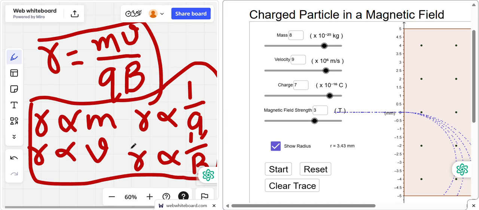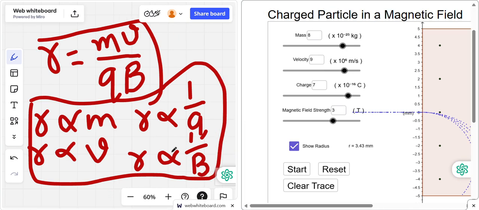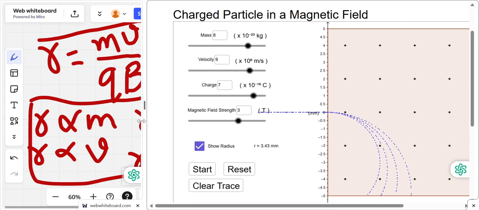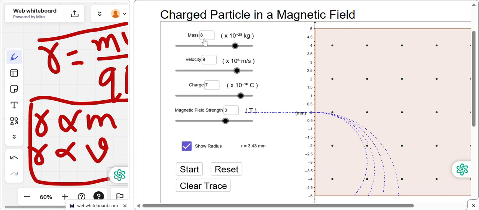Now let's verify this relation: radius is inversely proportional to the magnetic field strength. To verify this, let's keep other things constant and change the magnetic field strength. This time let me decrease the magnetic field from 3 to 0.5 Tesla.